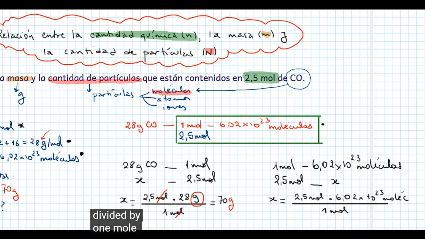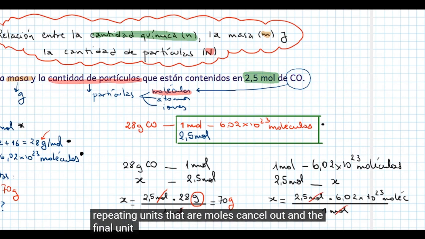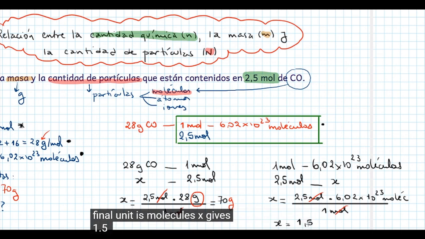Again, the repeating units that are moles cancel out, and the final unit is molecules. X gives 1.5 times 10 to the 24th molecules.